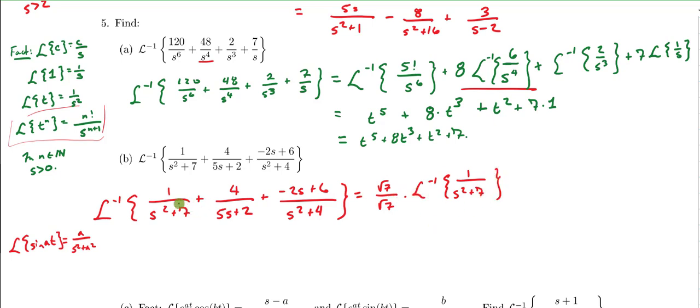And I'm in the process of distributing the Laplace transform to each of these 3 terms. But then, because I want this to be the result of having done the Laplace transform of the sine of at, I need to do some rearranging. So I'm going to leave this square root of 7 in the denominator outside the transform and move the scalar in the numerator inside the transform. And so we end up with this expression here.